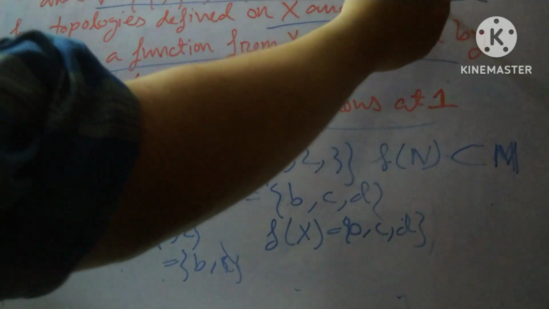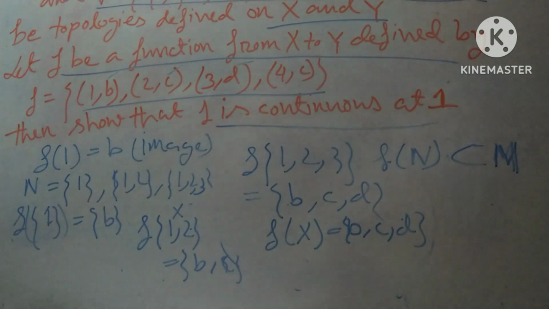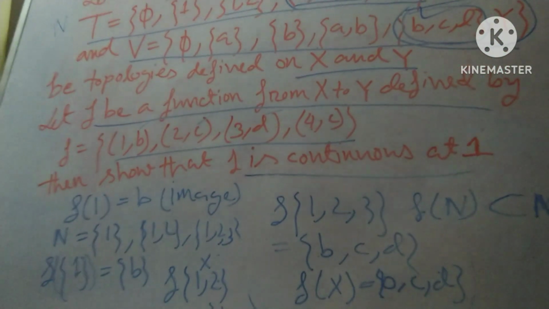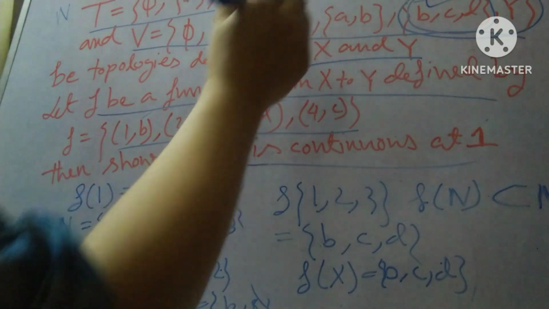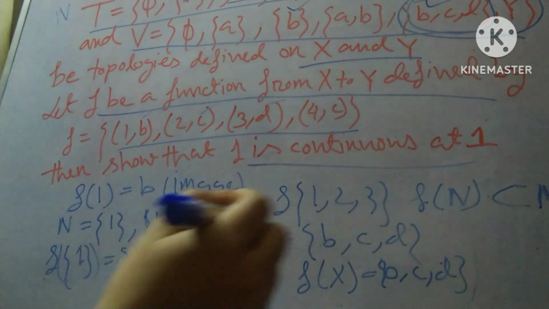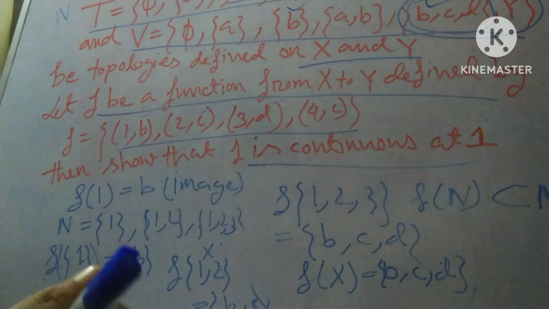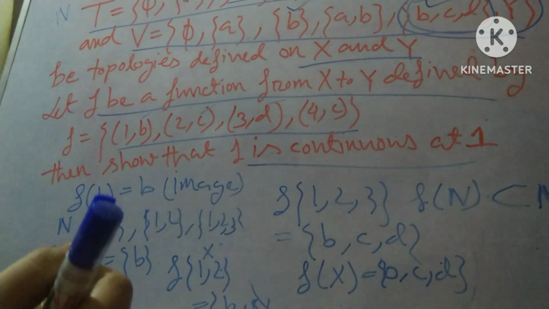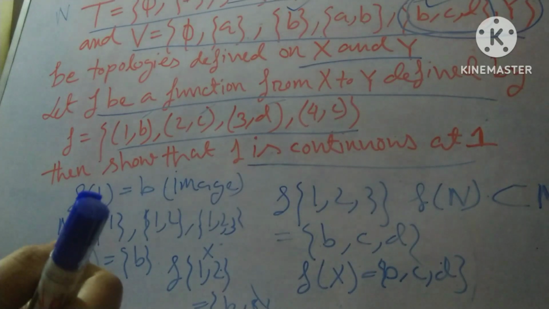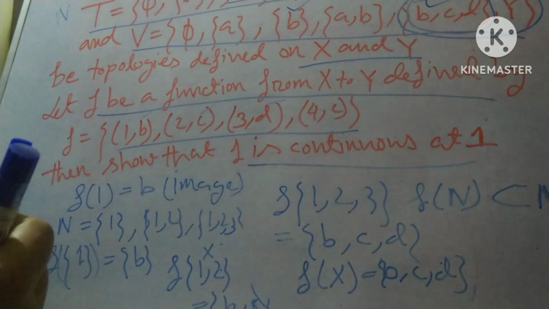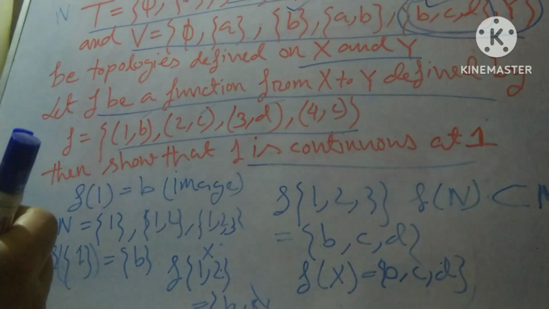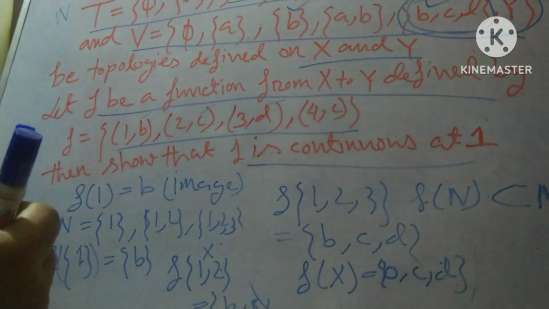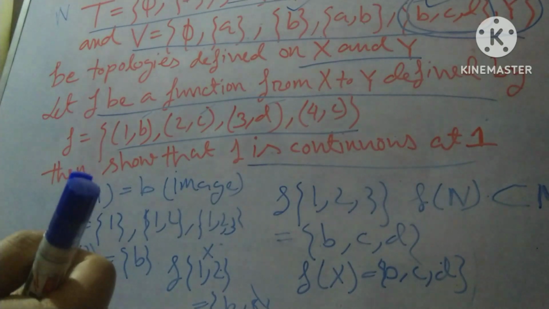You will see that {b, c, d} is also present here, {b} is also here, and {b, c} I have to check. I do not see any {b, c}.